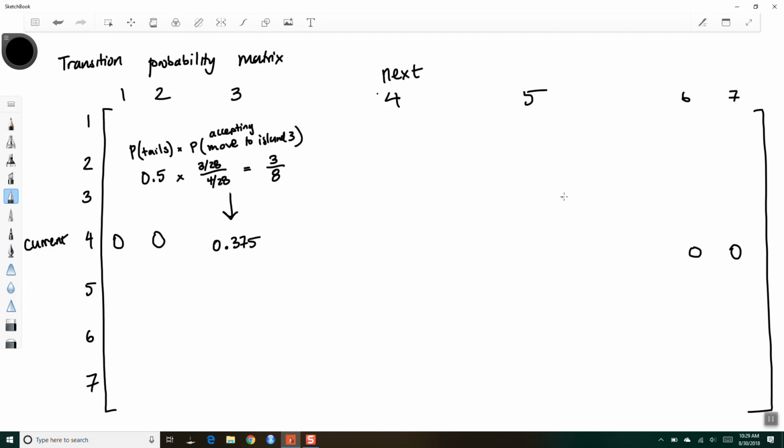All right, if we're at island 4, what's the probability that we end up at island 5 on the next turn? This is going to be the probability of getting heads multiplied by the probability of accepting the move to island 5.